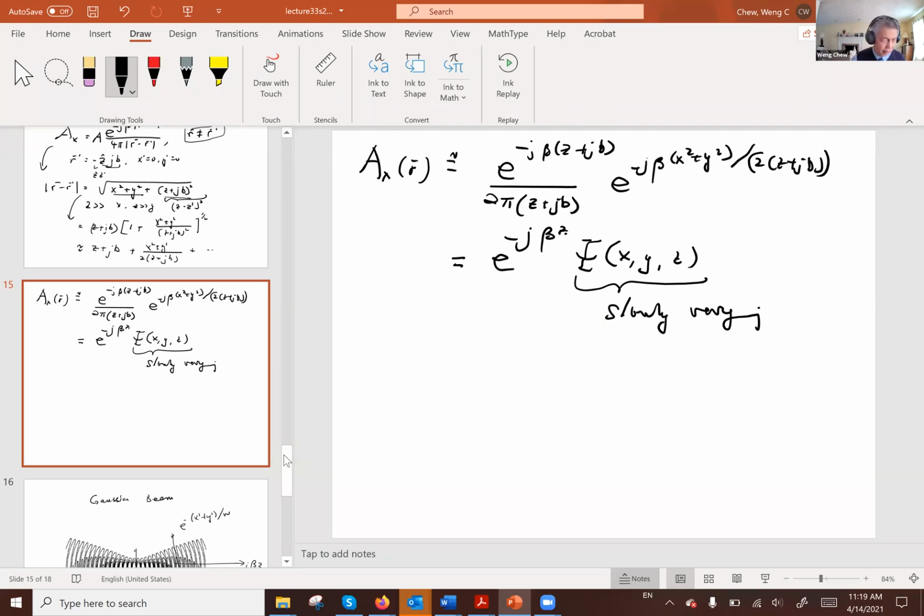Gaussian beam in the sense that it's Gaussian tapered. Let me see if we can write down the full expression for you here. The details are given in the lecture notes. Okay, the details for this expression are rather complicated. I wouldn't write it down in this lecture, but I suggest that you read the lecture notes and look for the details.